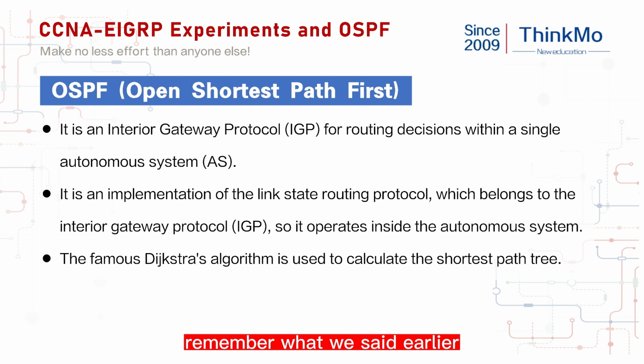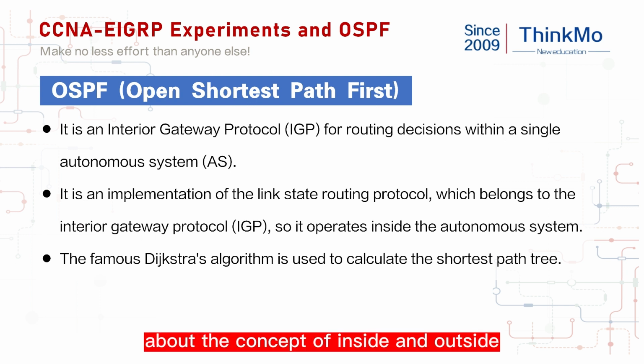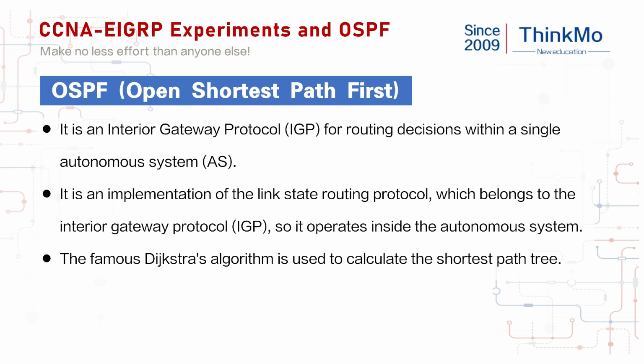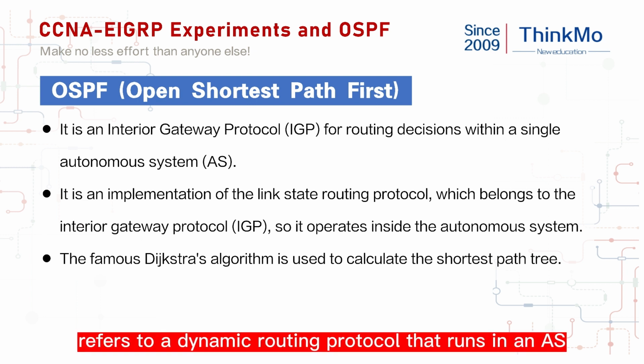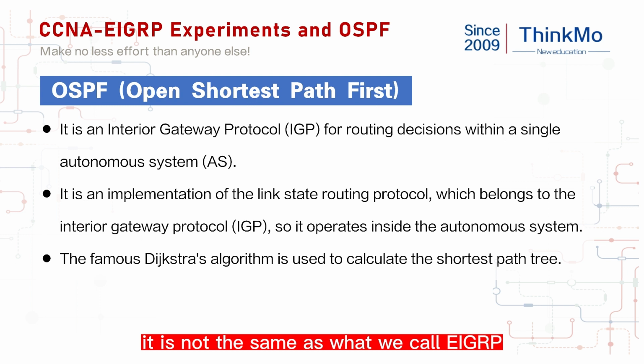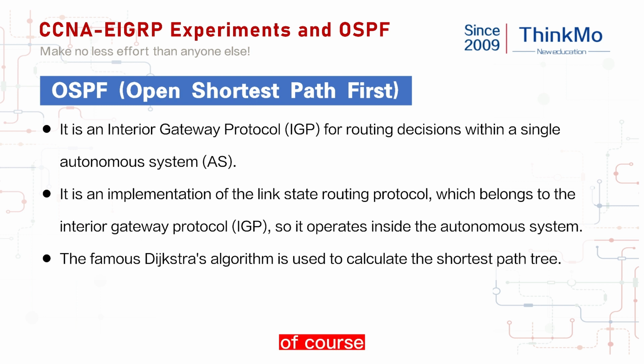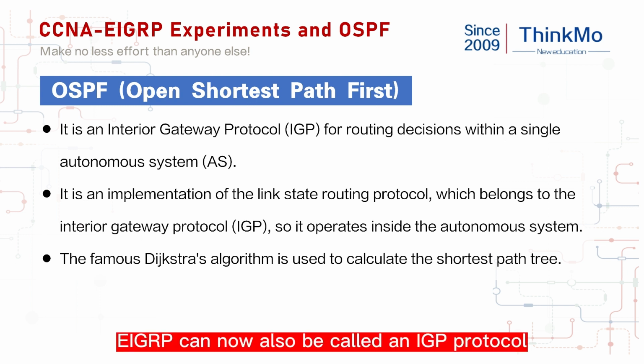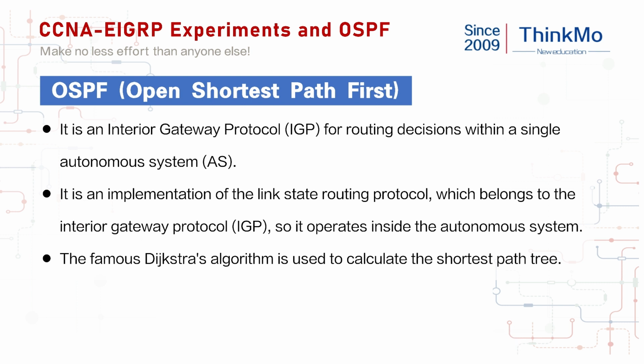Remember what we said earlier about the concept of inside and outside? It refers to a dynamic routing protocol that runs inside an AS. It is not the same as what we call EIGRP. Of course, EIGRP can now also be called an IGP protocol, because it is not running on the public network now.